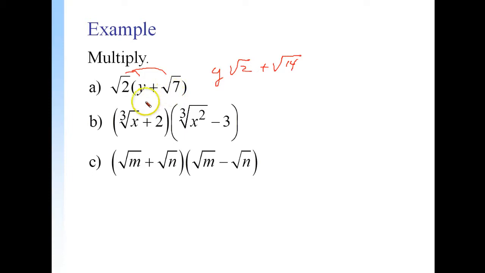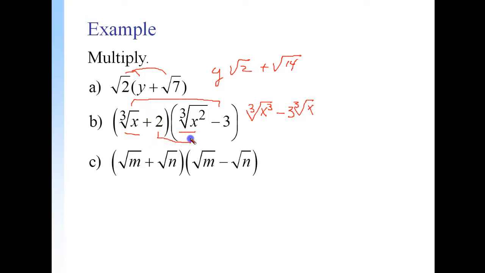Now in this case, we're multiplying, in a sense, a binomial by a binomial. We're going to FOIL. Okay? So watch this. We're going to multiply this one by this one and get the third root of x cubed, which I know is just going to be x. Then we're going to do our outers, and we get negative 3 cube root of x.